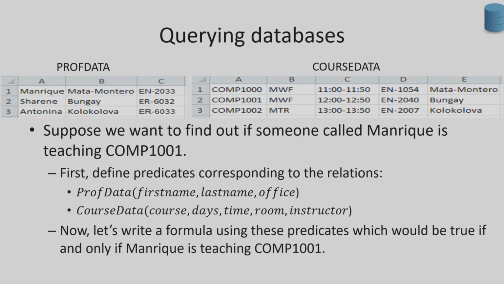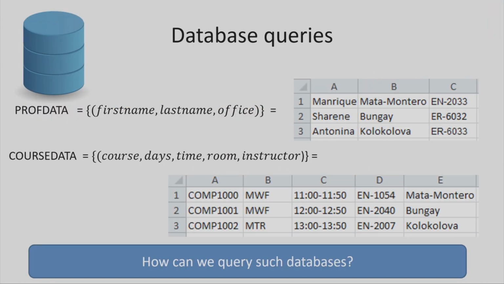So suppose that we want to find out if someone called Manrik is teaching COMP100-081. So first, let's define predicates corresponding to the relations. The input to the predicates will have exactly the same names as those elements that we had for the columns in the database.